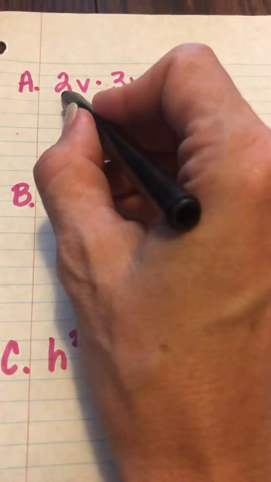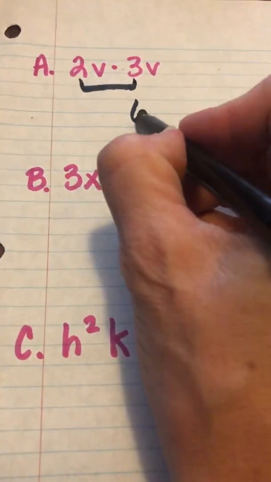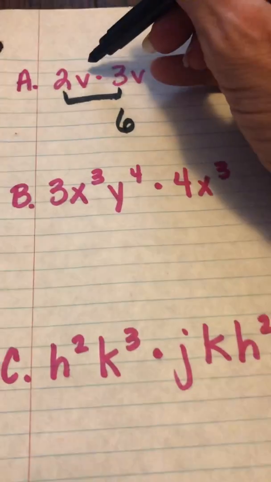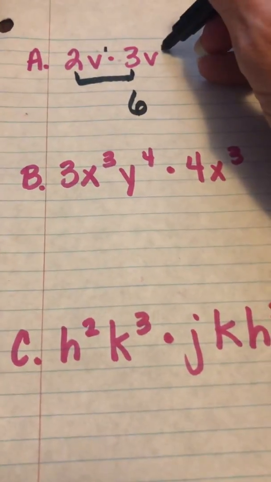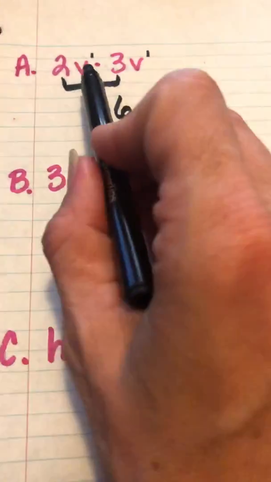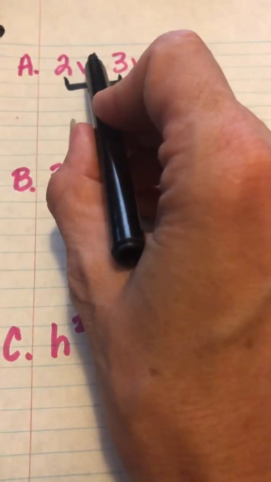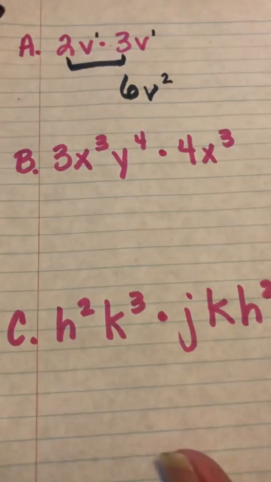We're going to multiply our 2 and our 3 together, which gives us 6. And just like on the previous example, you have to think of this as v to the 1st power and v to the 1st power. So my base is v, my power 1 plus 1 is going to give me 2.